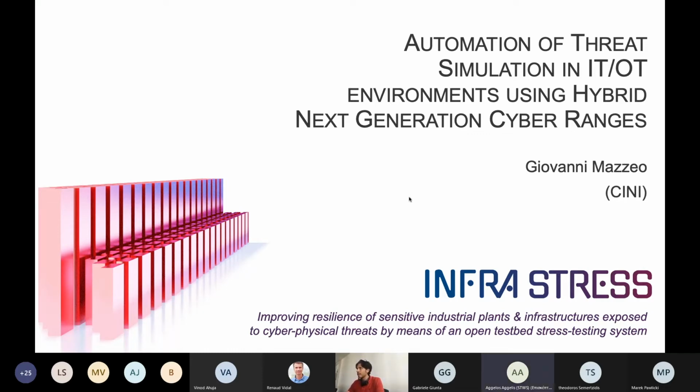This is a tool that allows you to simulate an industrial process and conduct attacks on the simulated industrial process to understand the impact of attacks and also the possible cascading effects that could occur in the infrastructure.